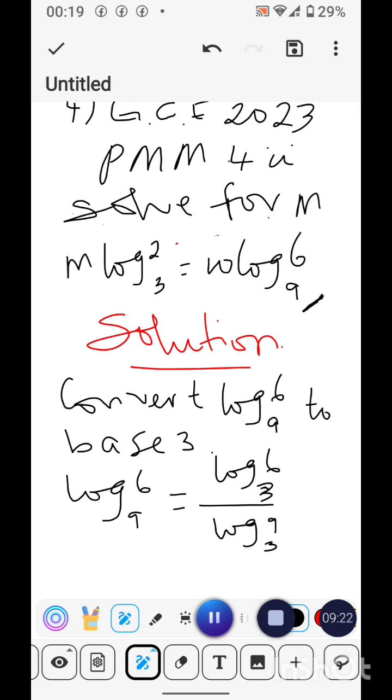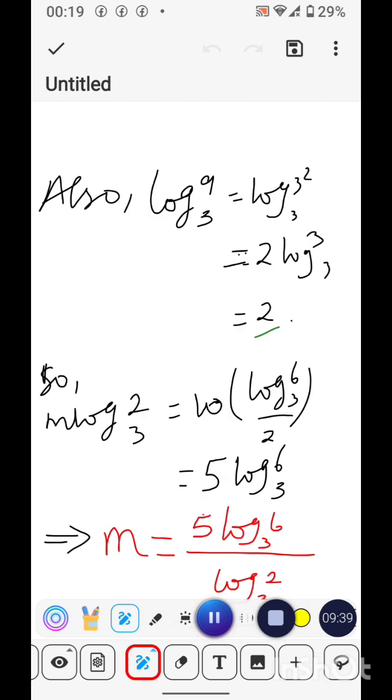It means it will be log 6 base 3 divided by log 9 base 3. I'm converting 6 base 9 to base 3. Now log 9 base 3 can be further simplified. 9 can be written in terms of base 3 as 3 squared.